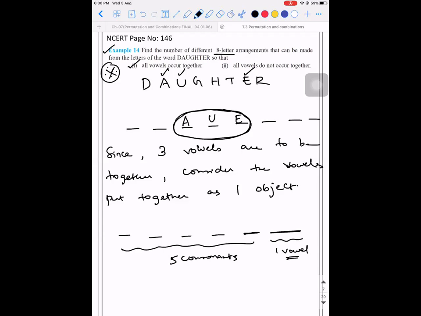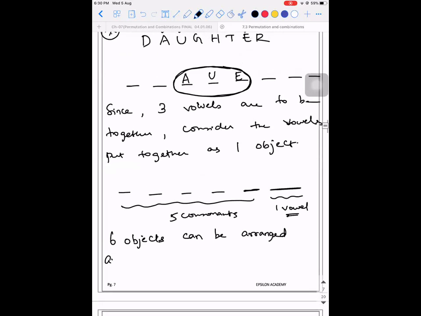So the 6 objects can be arranged among themselves in how many ways? Six objects can be arranged among themselves in 6p6 ways. Did you understand why I wrote 6p6? 6 letters in my hand and 6 blank spaces in my hand.